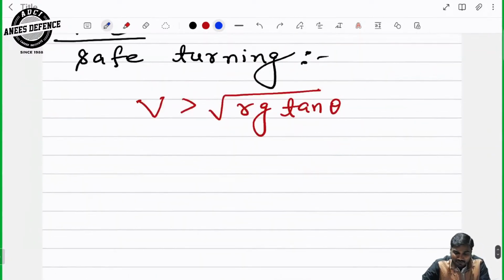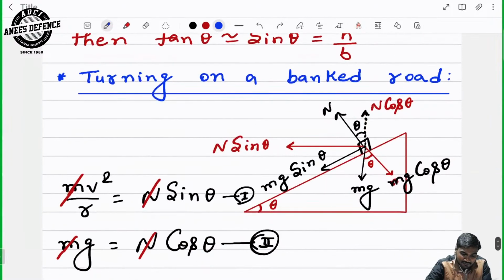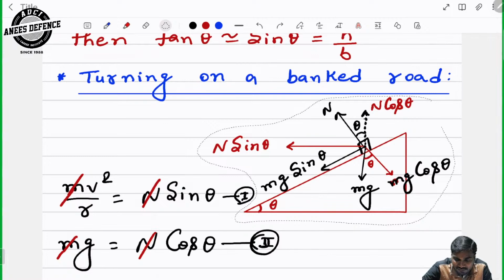Look here. Second. I am just copying. We have to do some modification in this diagram.